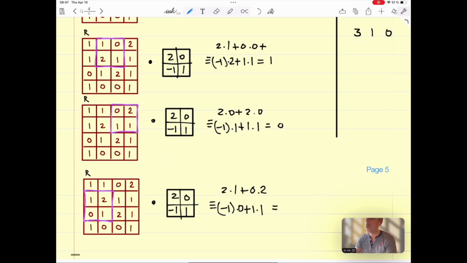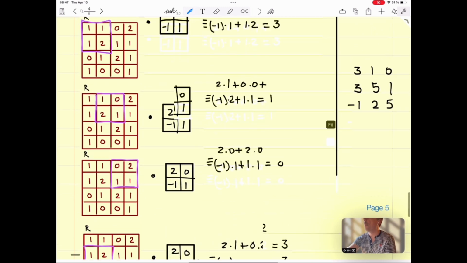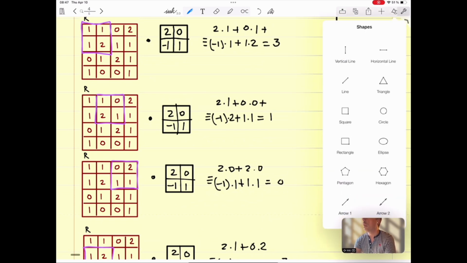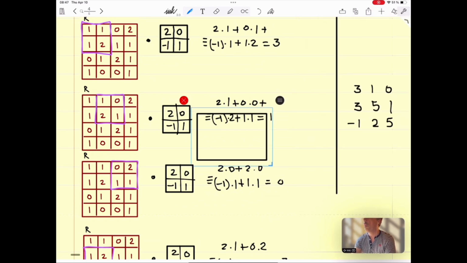This is going to be 3 again. So if you continue, you get here a 5, 1, minus 1, 2, and 5. Okay. And this is the output of the kernel.